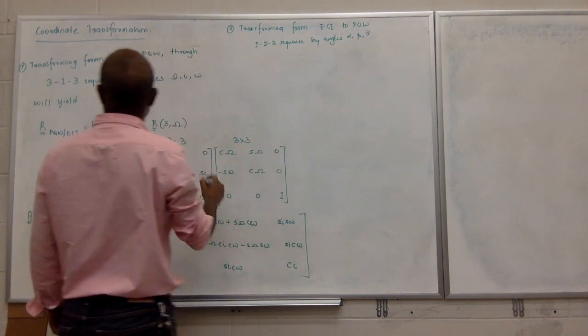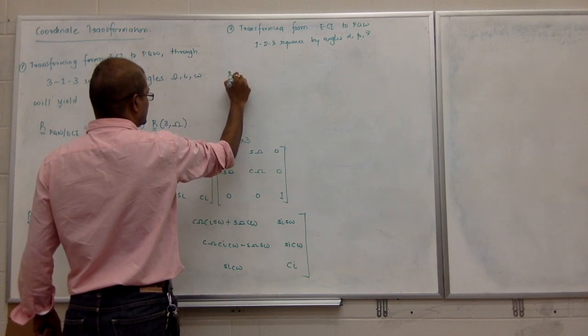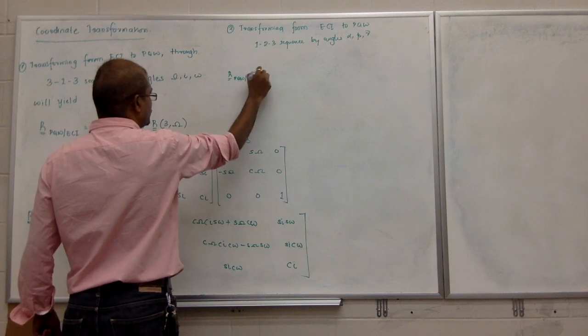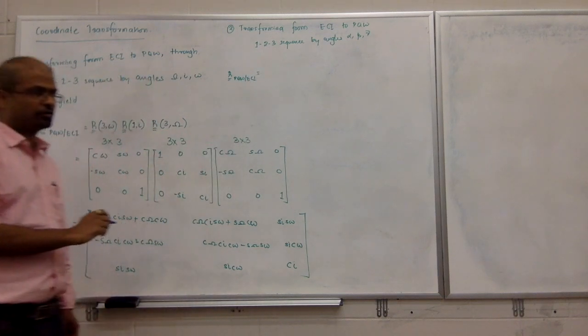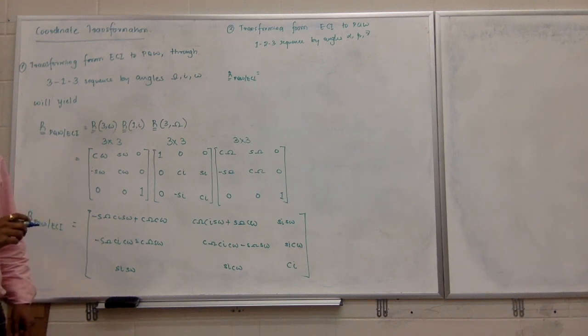What will your R ECI to PQW look like in this case? The rotation sequence is 1, 2, 3. It will be 3, 2, 1.